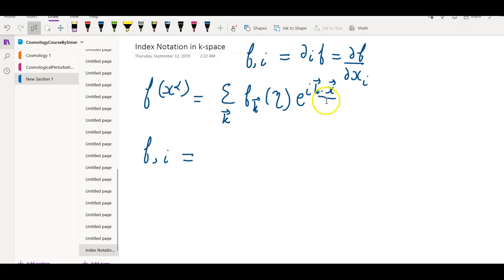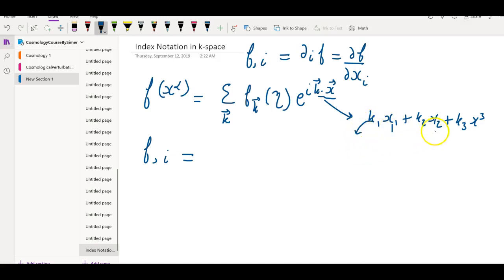Now what is this? This is k1 x1 plus k2 x2 plus k3 x3, right? So if I am taking the derivative with respect to x1, k1 will come in front.